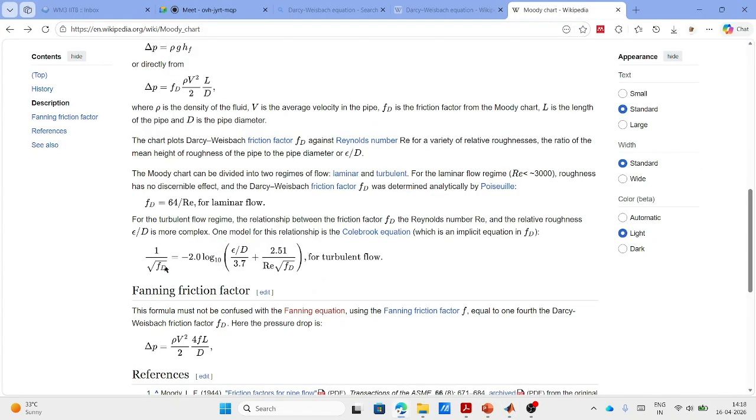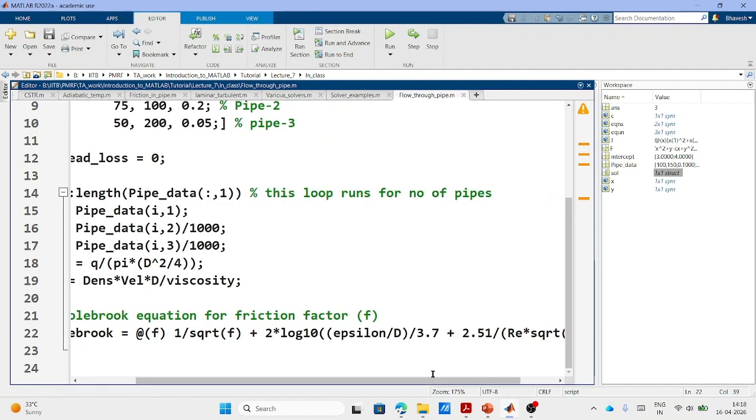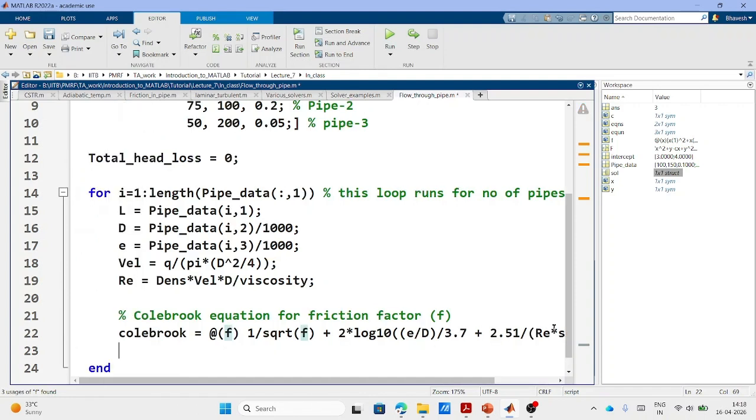Then this term will come on the left hand side, so it will become plus 2 times log base 10 of epsilon, instead of epsilon right now I'm using the variable e, e by d divided by 3.7 plus 2.5 divided by Reynolds number times square root of f. So this is your Colebrook equation which you have to solve.